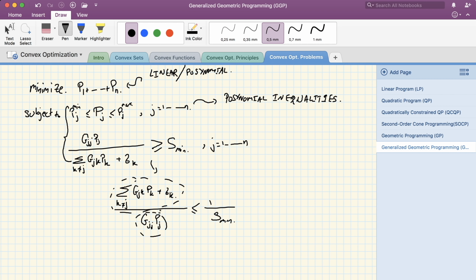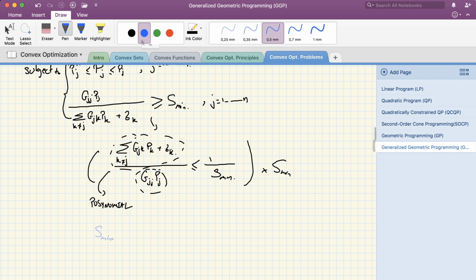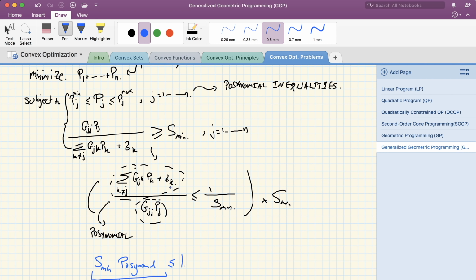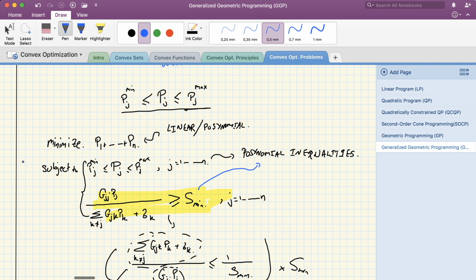And we know that if we divide a polynomial by a monomial, the outcome is a polynomial, right? Multiply by S min on both sides. You just get a scalar, S min, times a polynomial, which is also a polynomial, is less than 1. So this inequality also forms polynomial inequalities, with a polynomial cost, no equality constraints. That's okay. The problem is now a GP.